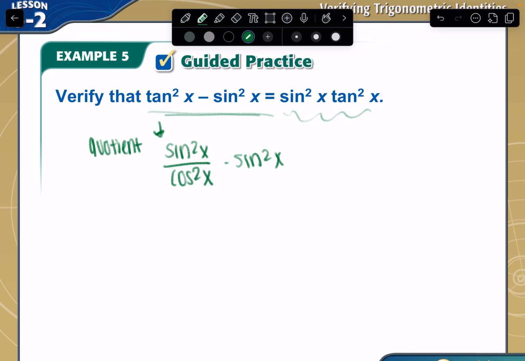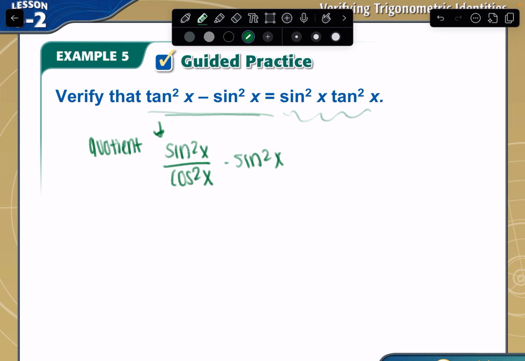From here, I am ultimately subtracting. Because I'm subtracting and there's a fraction, I need a common denominator. My sine squared x over cosine squared x already has a denominator of cosine squared x.